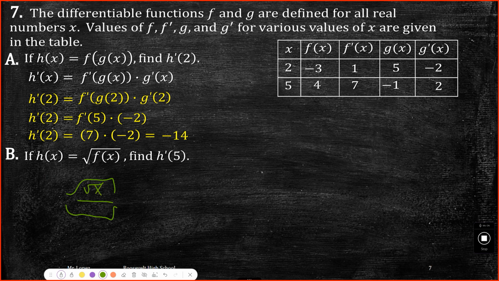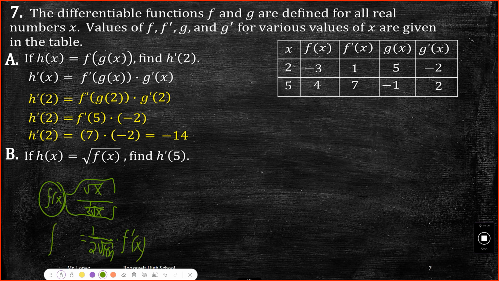And the inner is f of x. The derivative of square root of x is 1 over 2 square root of x. And then we plug in f of x, so it'd be 1 over 2 square root of f of x. f of x goes in for x right there, times f prime of x.